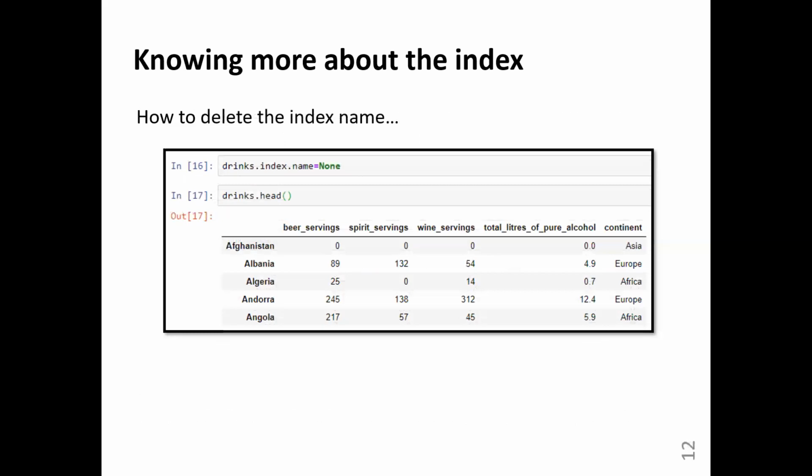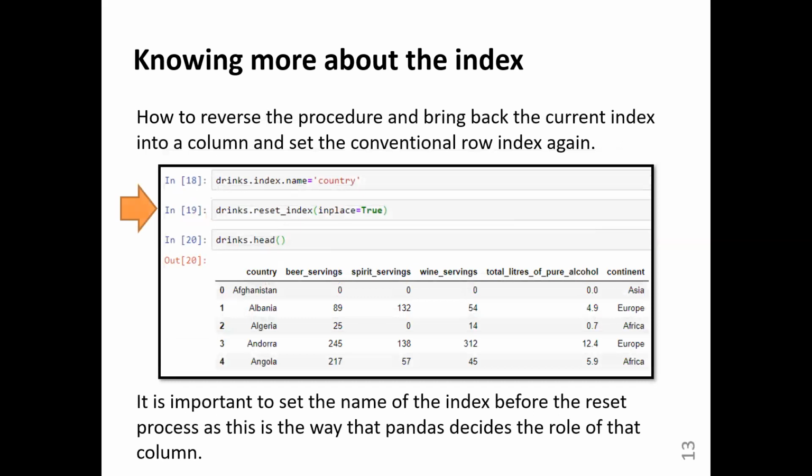If you change your mind and want to get back, like pressing Ctrl Z, bringing 0, 1, 2 back as the indices, what should we do? If you want to get rid of the country name over there, you simply say drinks.index.name equal to None.